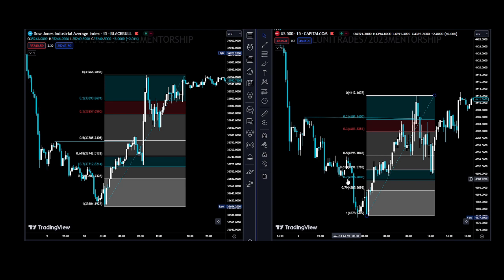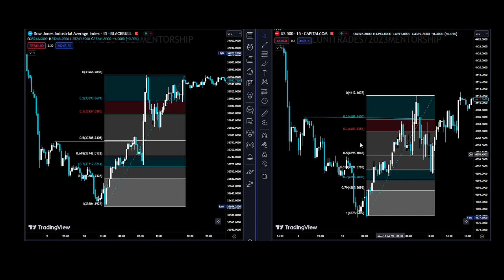This should tell you that this is stronger than this, because this didn't go even below the 0.5. You see, it is at this level before going higher. While this went down, so this is weaker.